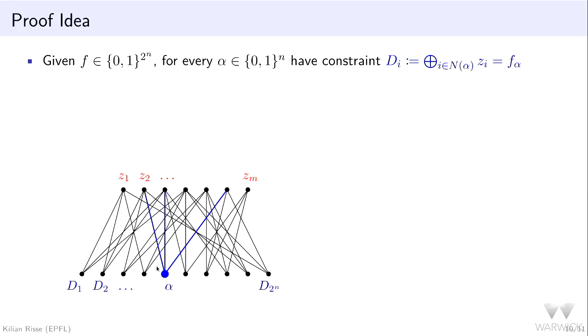And every constraint computes the XOR over the adjacent variables. And then we have a vector f which it should evaluate to. Like this XOR should evaluate to this value f sub alpha. Okay? And now the problem is, does there actually exist a Boolean assignment to these z variables so that all these constraints are satisfied?